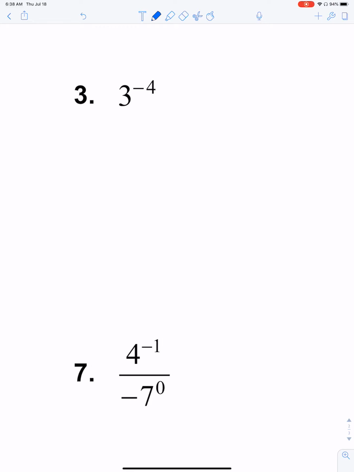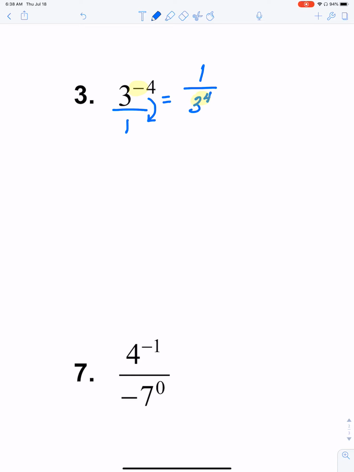3 to the negative 4, okay? I like to think of this as a two-stepper. Step number 1 would be to, like I said, bring this into the bottom. So it now becomes 1 over 3 to the 4th power. Again, I want you to notice that the negative does not exist here anymore.